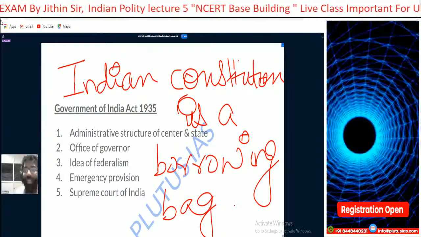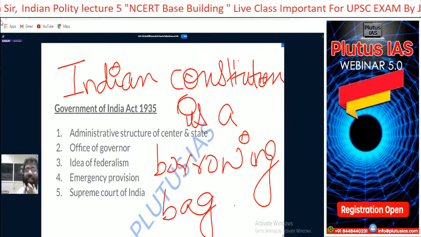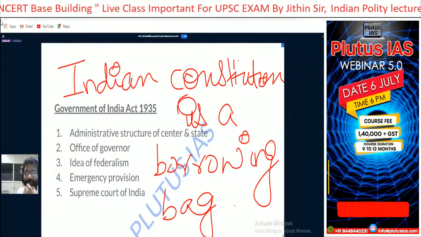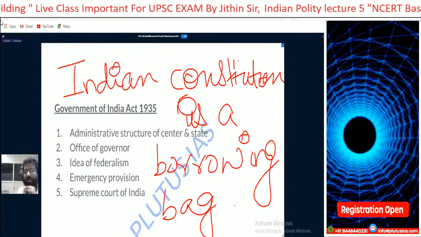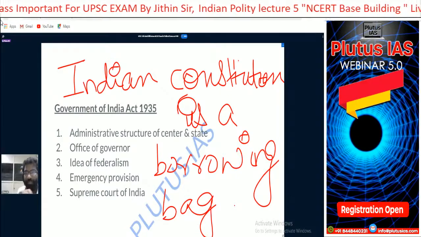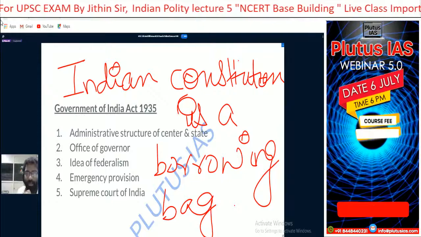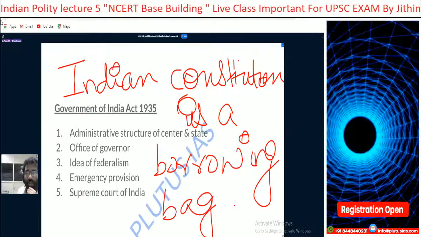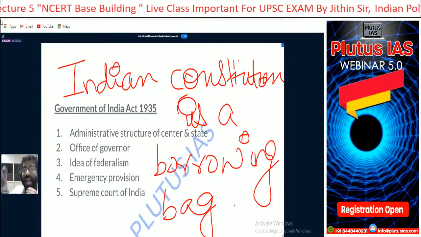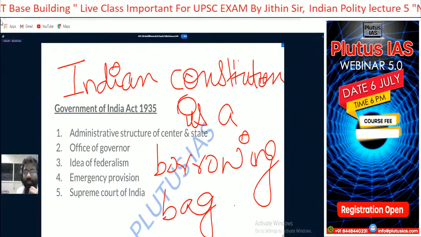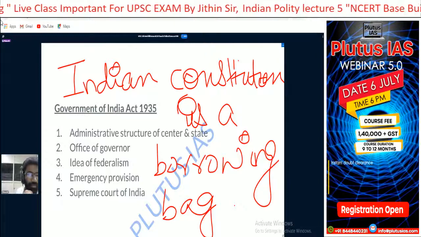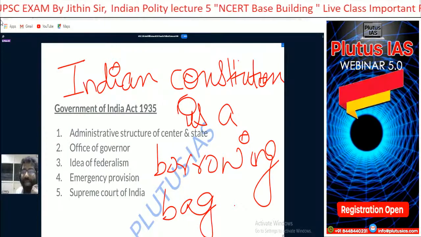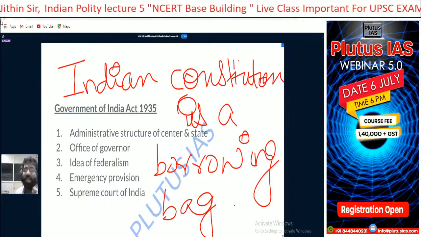Our constitution is a patchwork, where we have taken provisions from different constitution and attached it at one place, keeping in mind the requirement of Indian society.